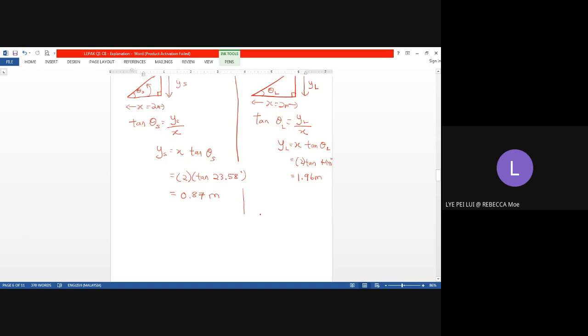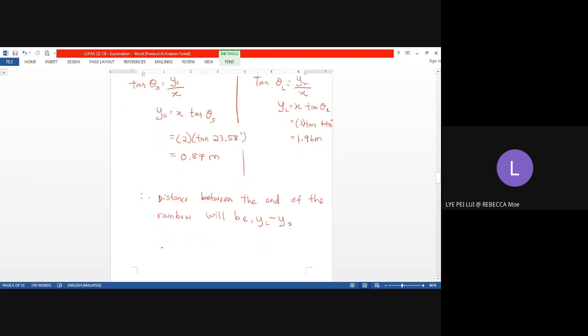Okay, since we determined the shortest and longest, can we determine the distance between the ends of the rainbow? Yes. Okay, therefore the distance between the ends of the rainbow will be y longest minus y shortest.